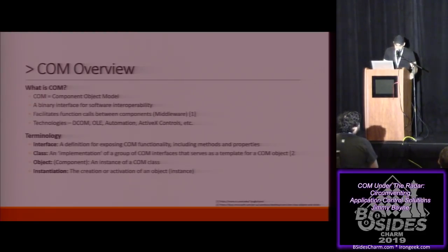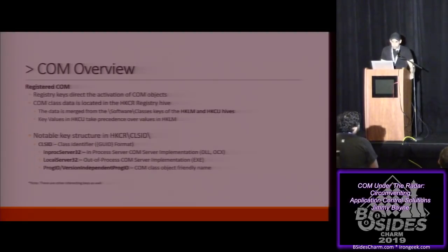So that's a lot there. Let's see if we can make some more sense of this. So for registered COM, the registry keys actually direct the activation of a COM object. The metadata is actually located in HKEY_CLASSES_ROOT. That's a registry hive. The data is actually merged from two other hives, HKEY_LOCAL_MACHINE and HKEY_CURRENT_USER.